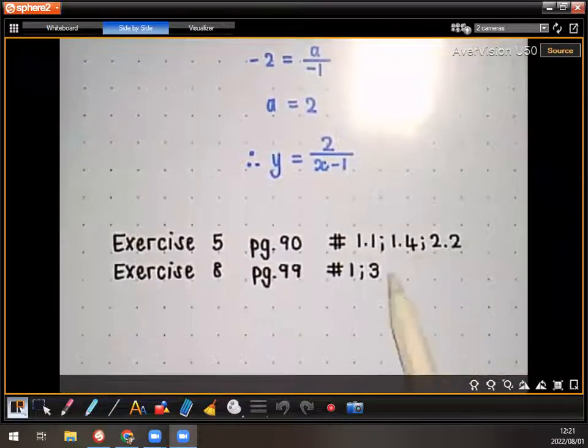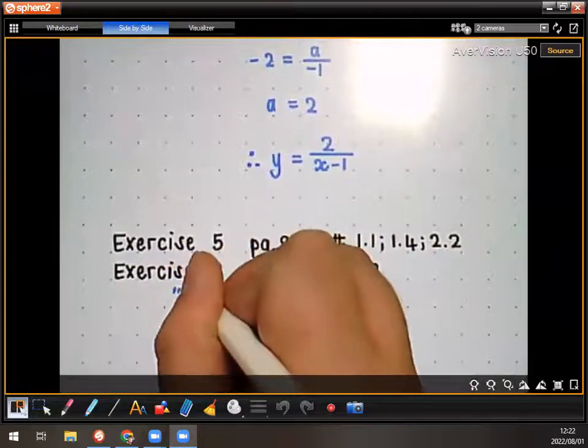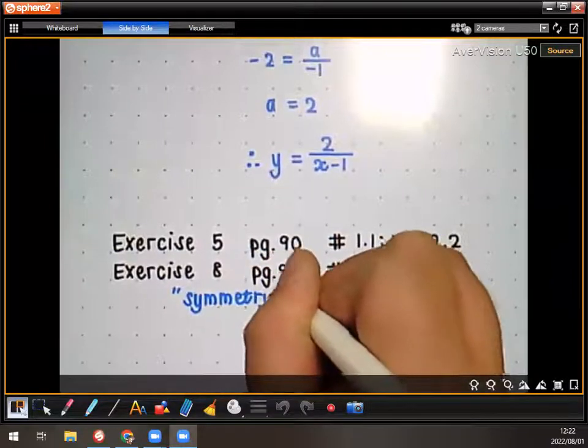I just want to point out that in exercise 8, they're also saying find the equation of the hyperbola and state the equations of its symmetry lines. Now, we haven't spoken about that in a while, but symmetry lines are the same as axes of symmetry.